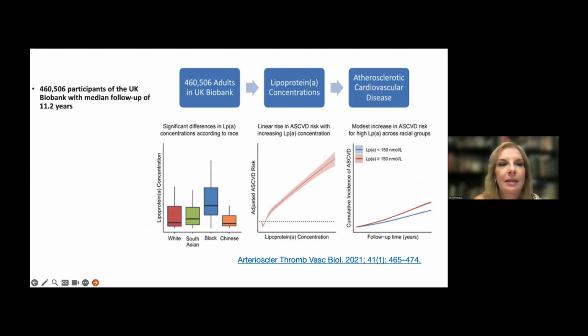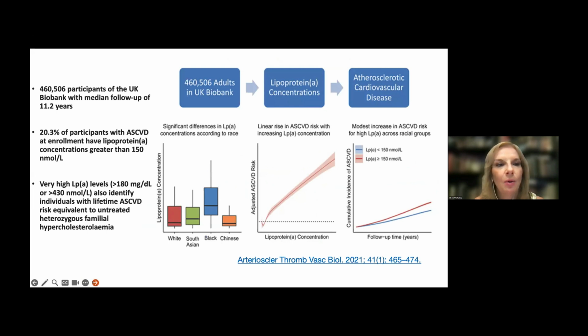And this is data from a landmark project, UK Biobank, that carries data from almost 500,000 participants of the UK. And this data confirm that approximately 20% of participants with atherosclerotic disease have lipoprotein(a) concentrations higher than 150 nanomoles per liter.